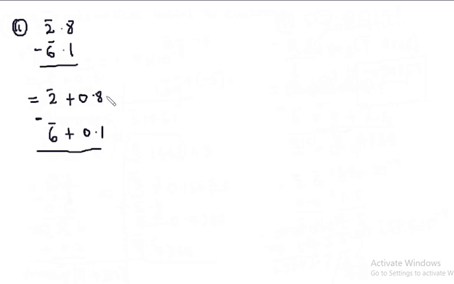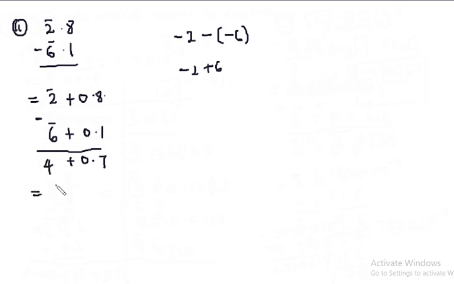So what do I have here? 8 minus 1 is 7. 0 minus 0, 0 plus. Here I have 2 bar minus 6 bar. It's simply like saying minus 2 minus open bracket minus 6. In normal sense, this is minus 2 plus 6. So 2 bar minus 6 bar is 4.